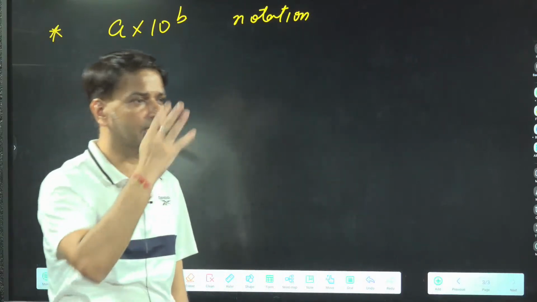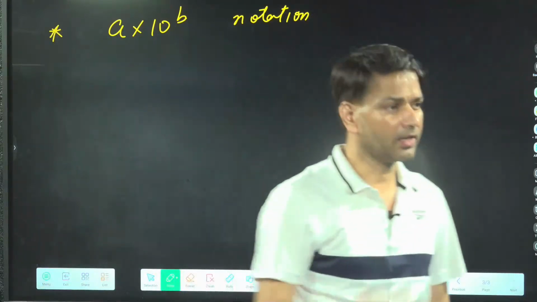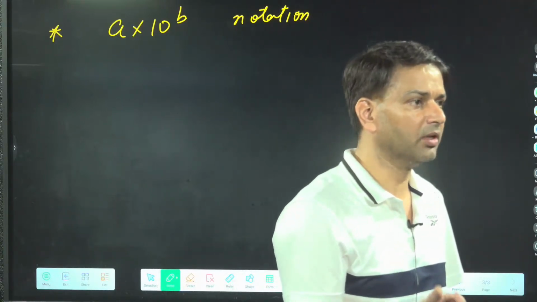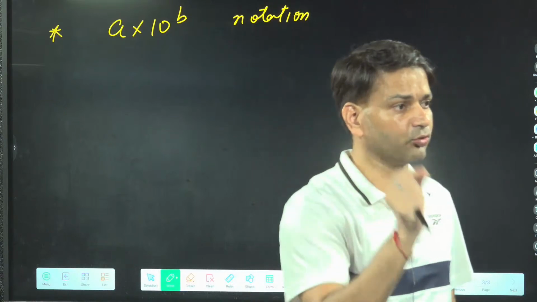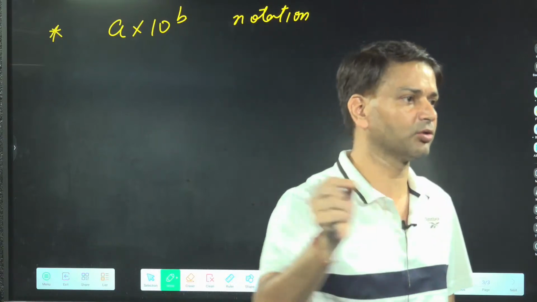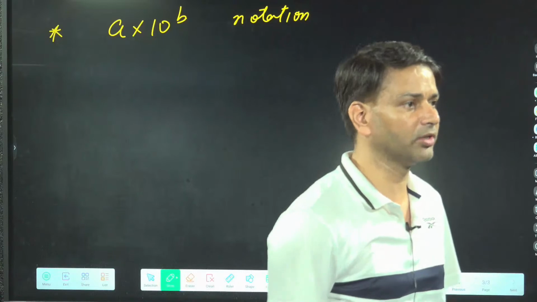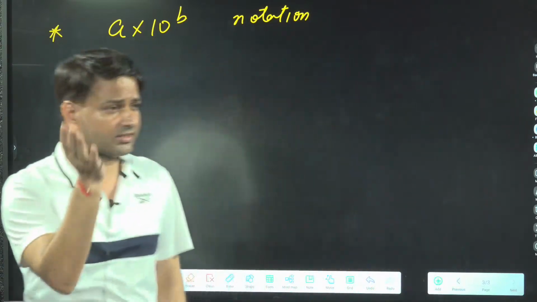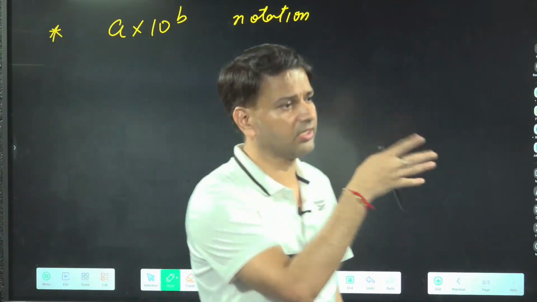Like electronic charge, which is very small in units of coulomb, 10 to the power minus 19. We cannot put a decimal, then 0, 0, 0, 0, and then write 1 and 6. So for very large or very small data, we use this notation.